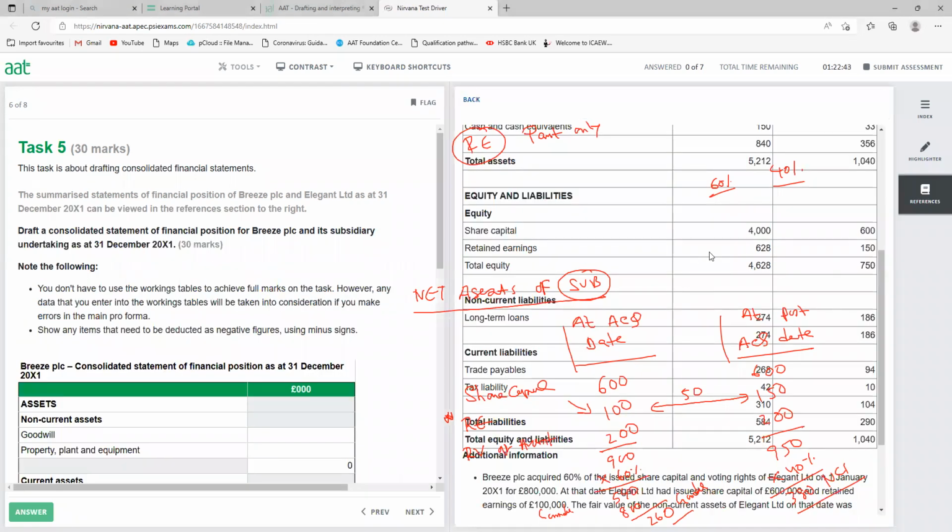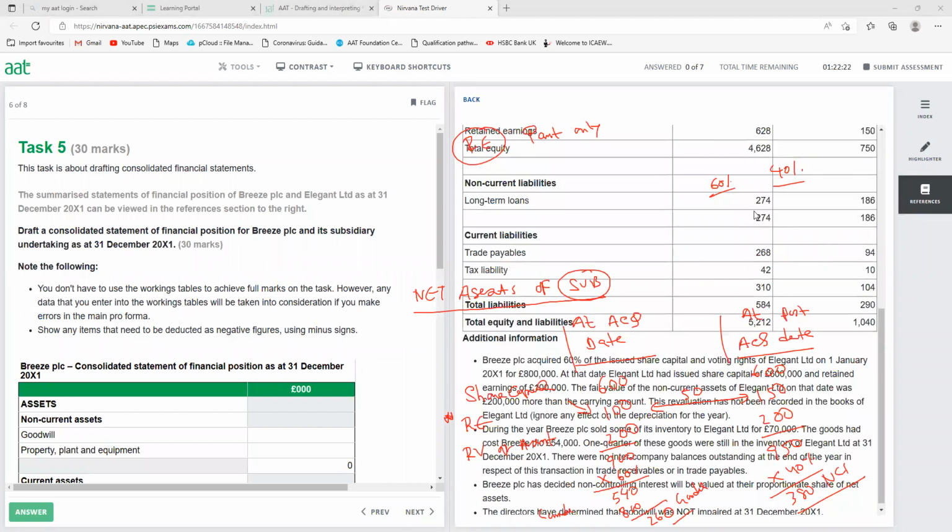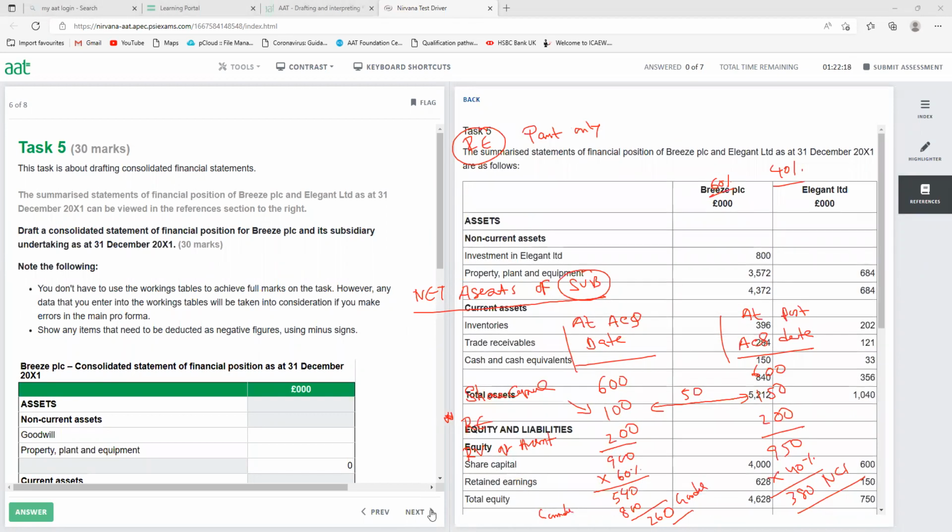If you look at the retained earnings, you can see the parent retained earnings is 628. The parent company is the main company, and the subsidiary is the company we buy. You can see here the top B is the parent, E is the subsidiary. So parent company 628.